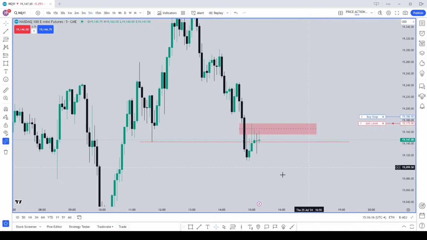So if you buy where you would normally put your stop, that would be a potentially better entry for you.